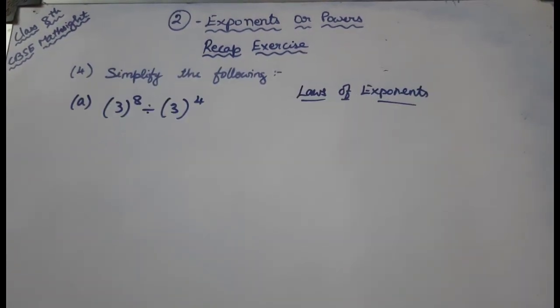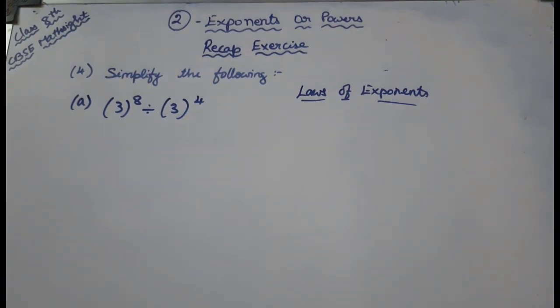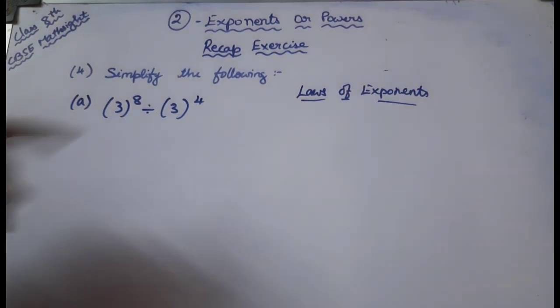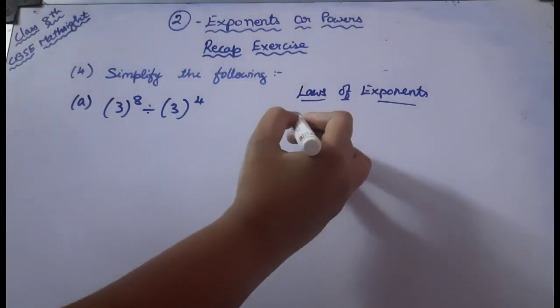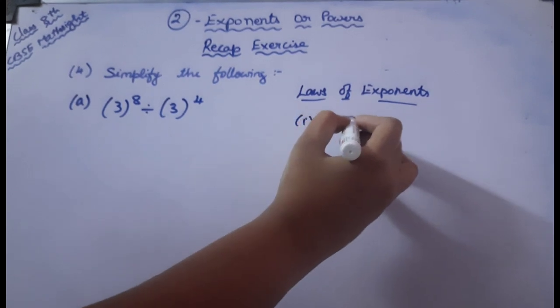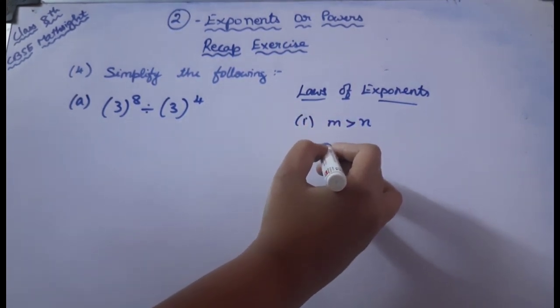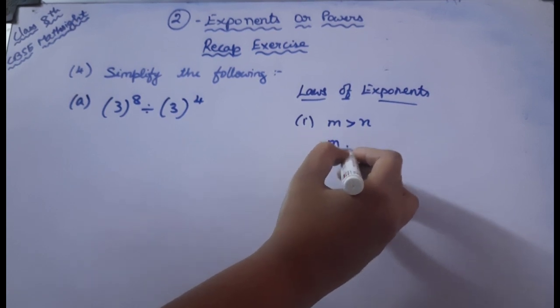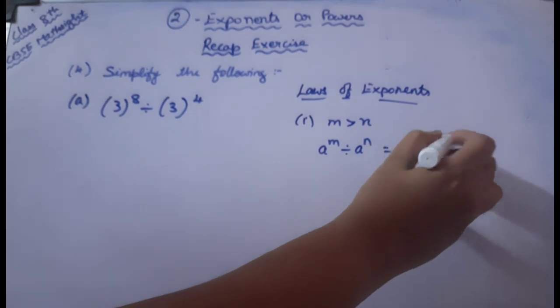We are going to see the fourth sum. Simplify the following. So they have given 3 to the power of 8 divided by 3 to the power of 4. So they have used division sign over here. So whenever we have a division, we have two rules. The first one is when the power m, the first term is greater than second term, then a power m divided by a power n is equal to a power m minus n.